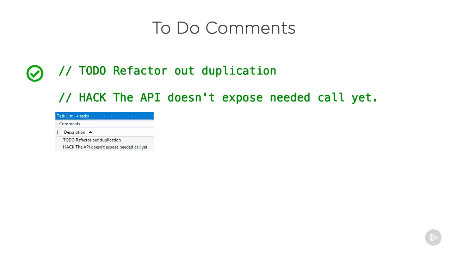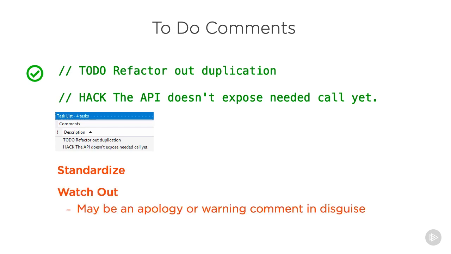Here's a few tips for assuring to-do style comments remain useful. First, if your IDE of choice doesn't offer this support, make sure you standardize as a team so that everyone understands the intent of these comments. Second, watch out for to-dos that are actually an apology or a warning in disguise.